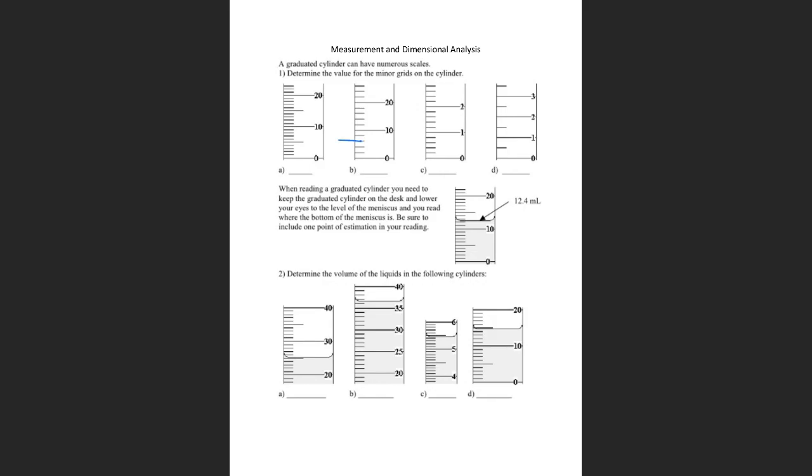Okay, right here. It's a lot easier for me to see this way. Looking at this, the bottom graduation, or this mark, is marked as 0, right? And this top one here is marked as 10. So I can see the value between the bottom marked graduation and the top marked graduation is 10.